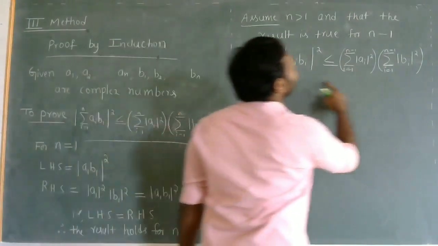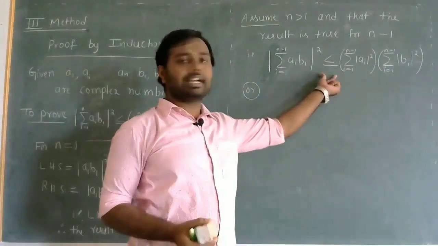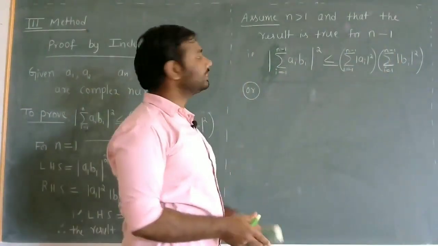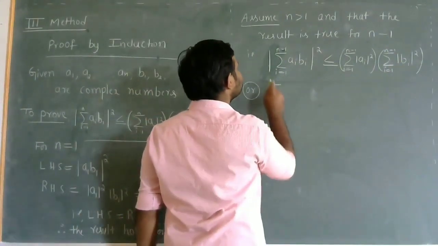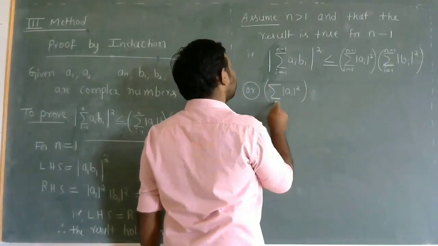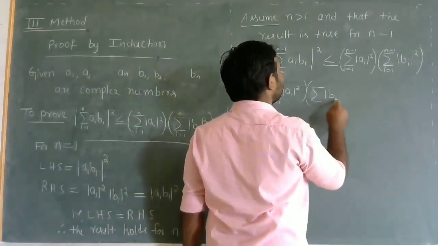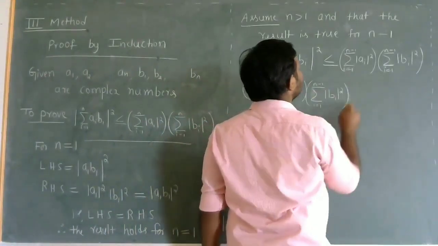And now by this assumption, I can rewrite this inequality. If I take this to the right hand side, 0 will remain here. So I can write that as summation modulus of ai square, i running from 1 to n minus 1, into summation modulus of bi square, i running from 1 to n minus 1.